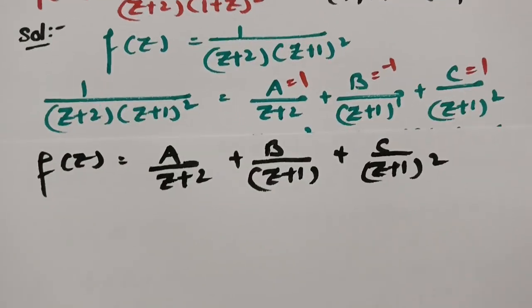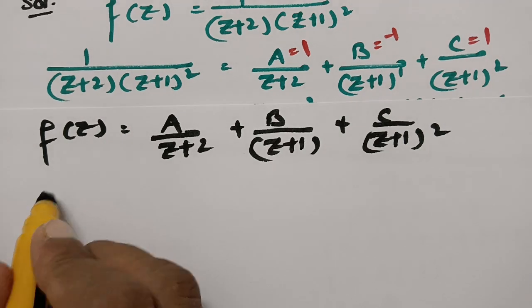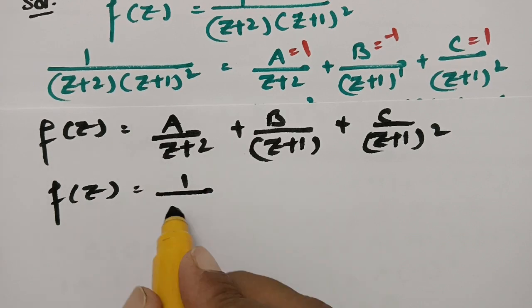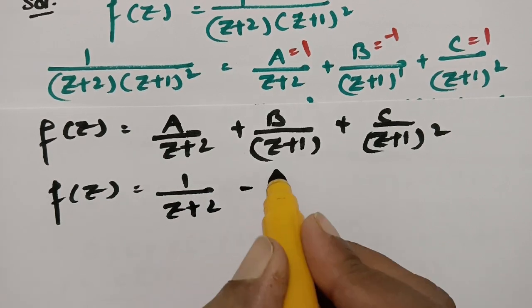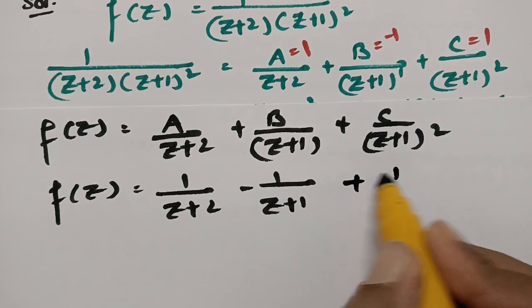So after getting the values of a as 1, b as minus 1 and c as plus 1, f of z here is: in place of a I am writing 1, in place of b I am writing minus 1, and in place of c I am writing plus 1.